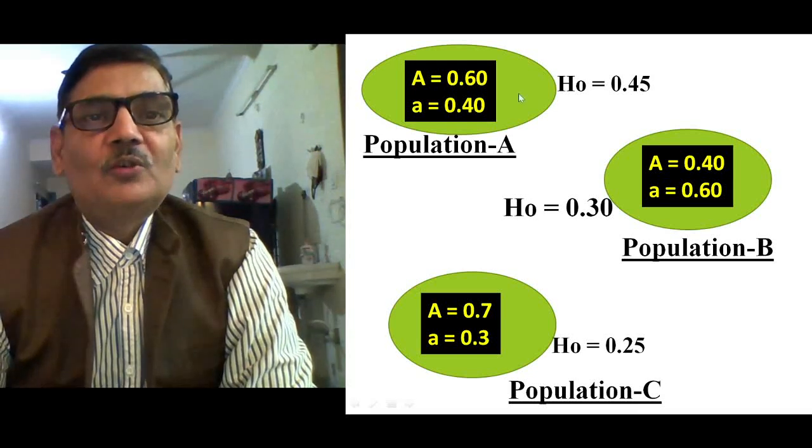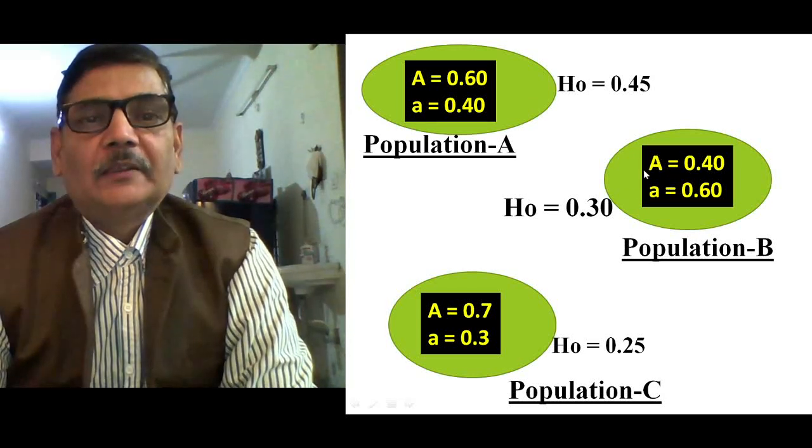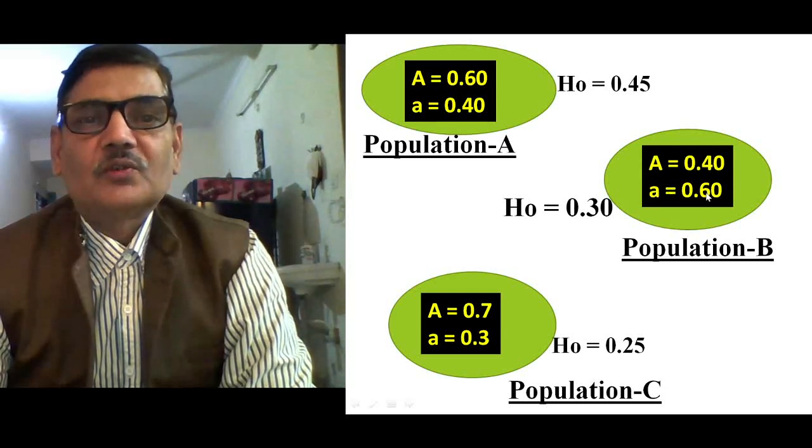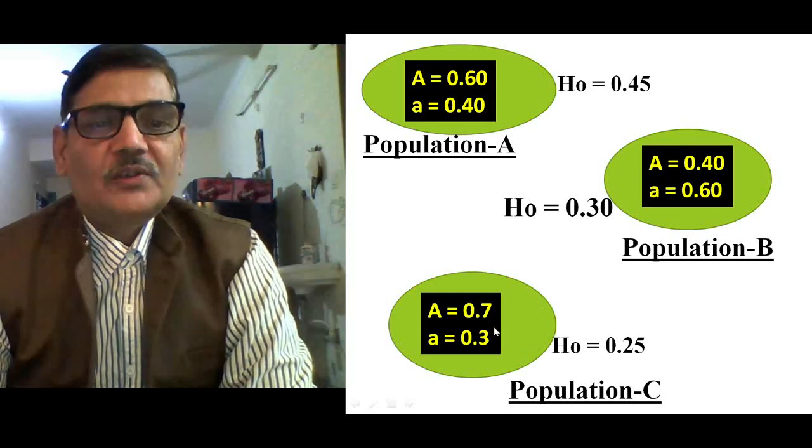The same gene locus, when analyzed in population B, gives the frequency of capital A as 0.4 and small a as 0.6. And when the same gene locus is considered for population C, the frequency of capital A comes to 0.7 and small a is 0.3.